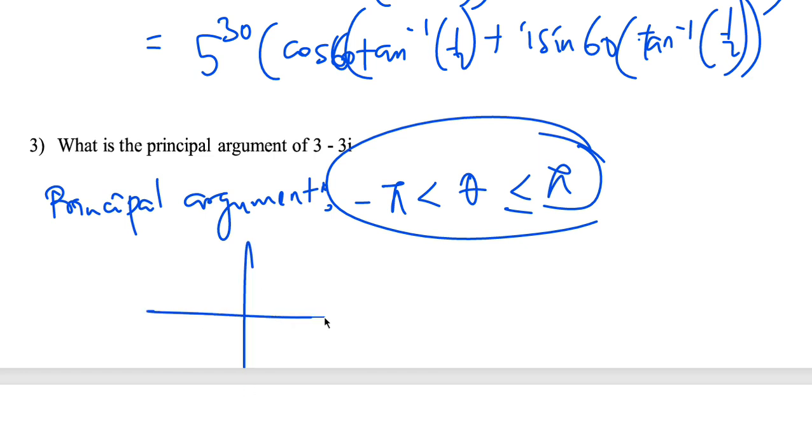So what you simply do is to say here is y, which is imaginary, here is x, which is the real. So we have 3 representing x and minus 3 representing y.